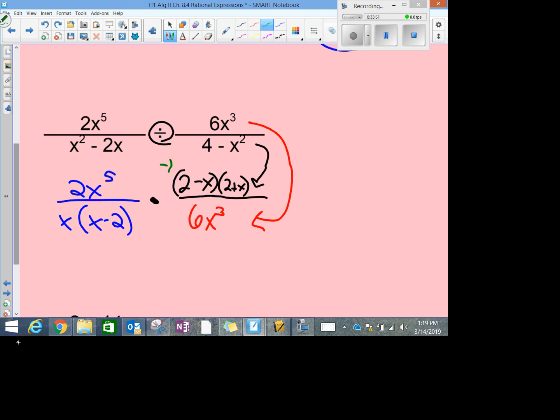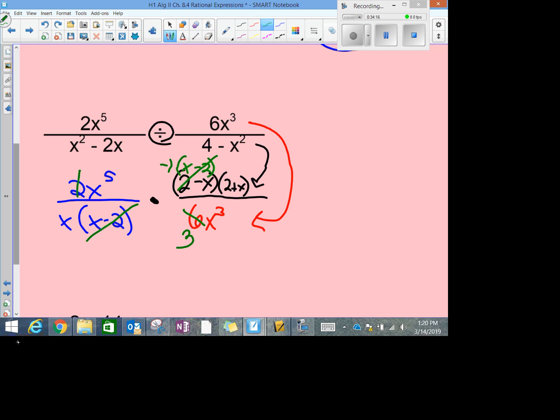Take out a -1, and now they match. But you can't just jump to this, because you need that -1 in the problem. So now, x minus 2 cancels with x minus 2. What else? And 2 cancels, right?